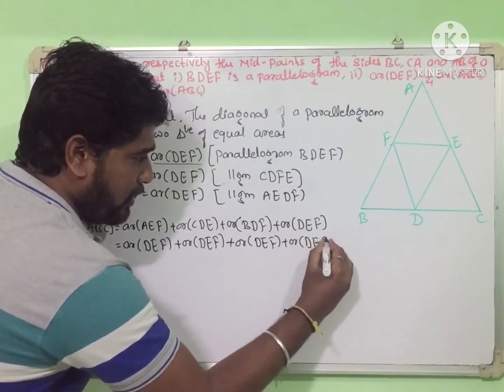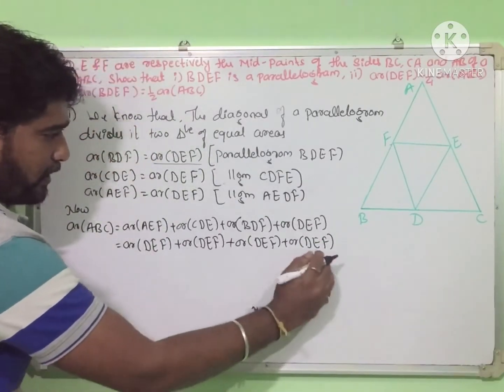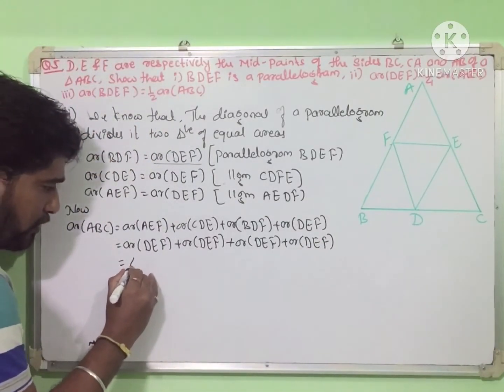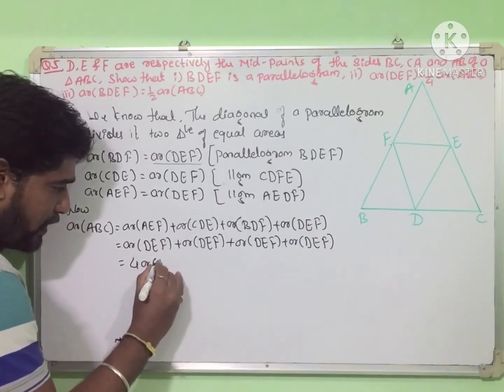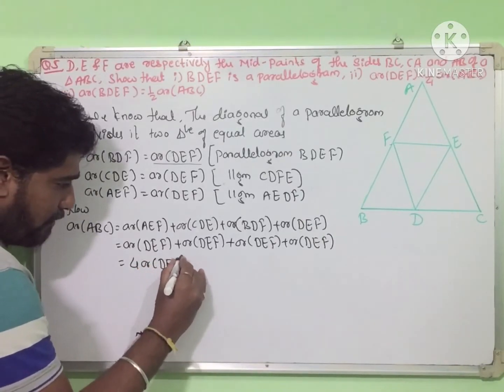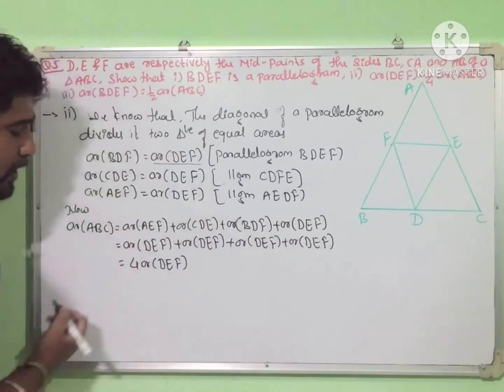Adding these, we get 4 area of DEF: 1, 2, 3, 4, right?